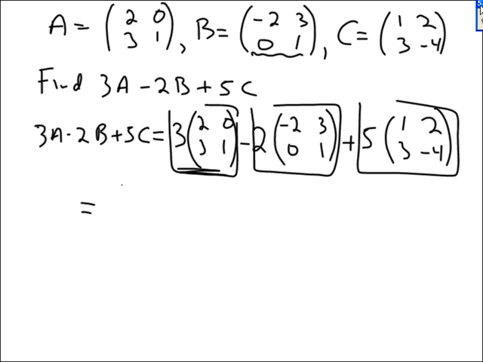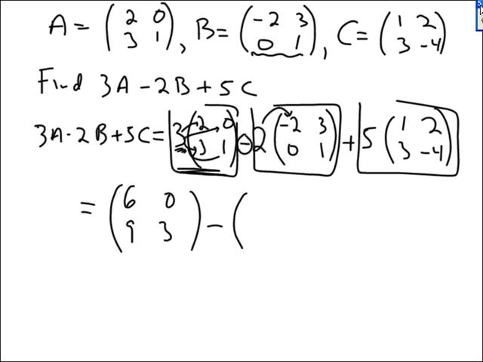Well, the procedure is to multiply each of the entries in that matrix by 3. 3 times 2, 3 times 0, 3 times 3, 3 times 1, minus. Now, multiply matrix B by 2. 2 times negative 2 is negative 4. 2 times 3 is 6. 2 times 0 is 0. 2 times 1 is 2.